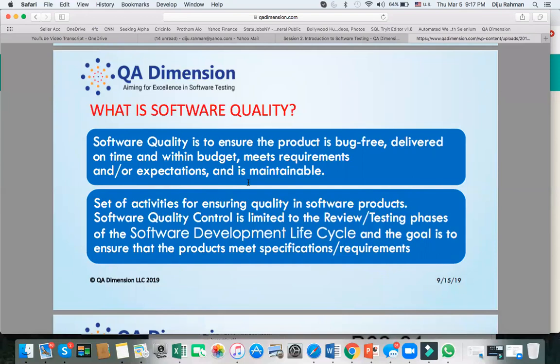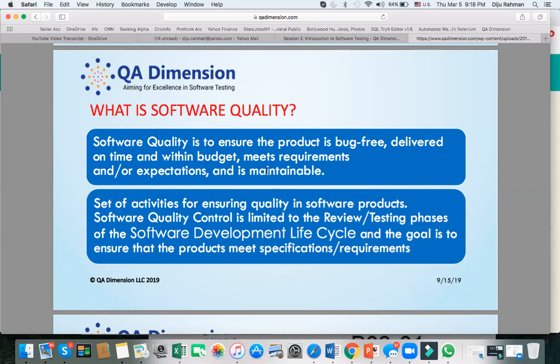Bug free means there's no issue, no problem in this software. Delivered on time means whenever they build that software, it was delivered within time. If they gave 3 months to finish building the software, they were able to finish building and testing it within 3 months. That means it has a good characteristic.